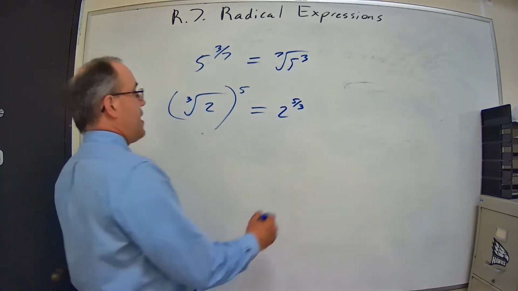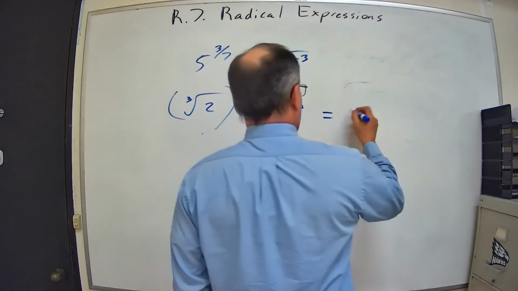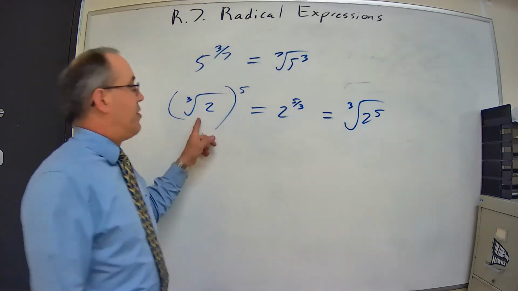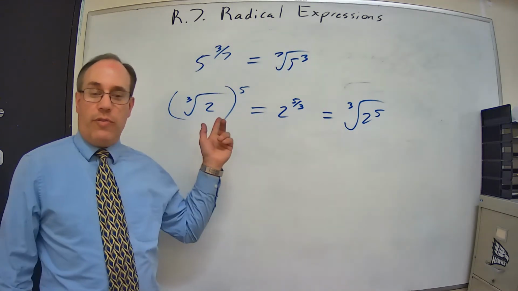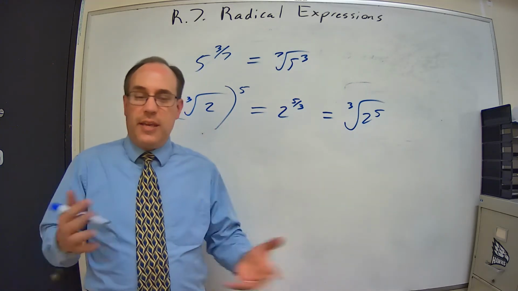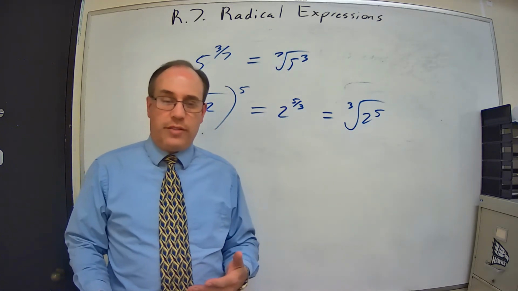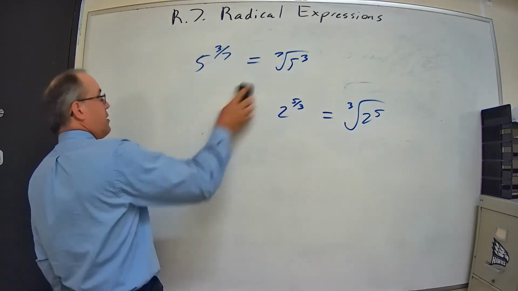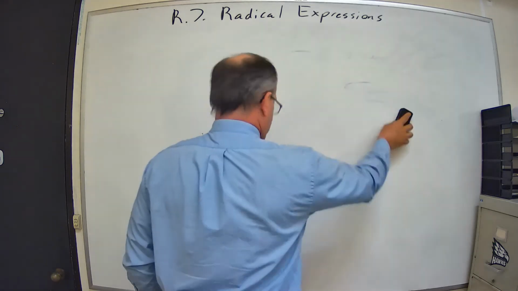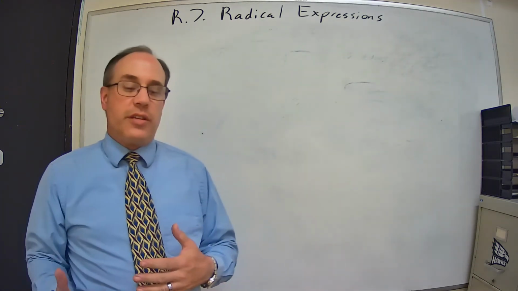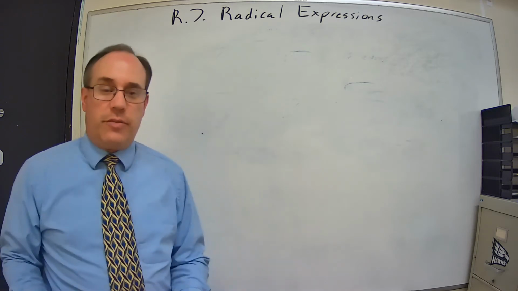And remember, that is equal to the cube root of 2 to the 5th. These two are equivalent. So just keep that in mind as we go through this. Well, let's evaluate some of these. We're going to start with some cancellation because this is going to prepare us for simplification.